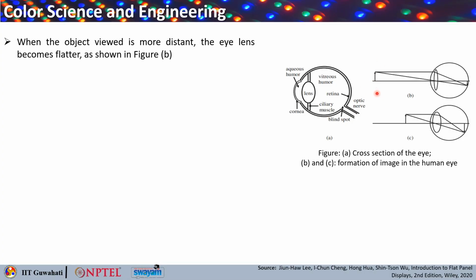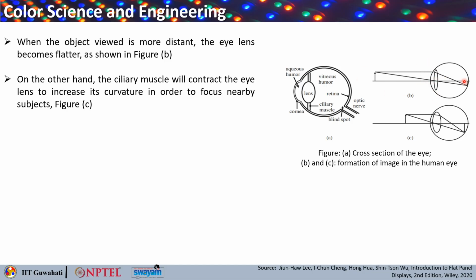Another thing to notice is that when the object viewed is far away, the eye's lens becomes flatter, which is shown here. On the other hand, when the object is very near, your ciliary muscle contracts and increases the curvature of the eye's lens, so that you can focus the light coming from the nearby object.